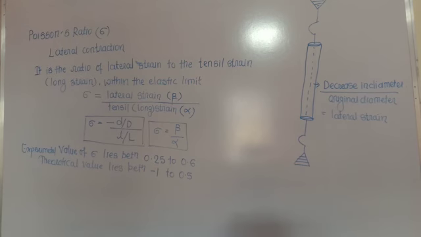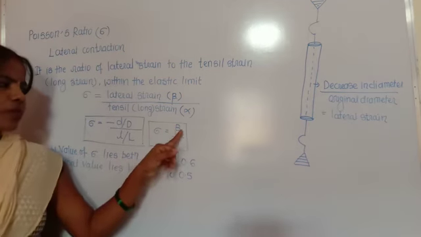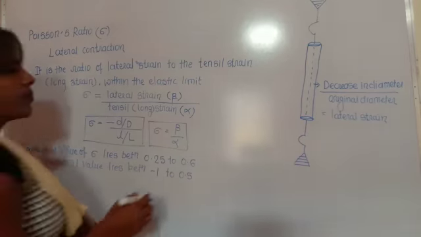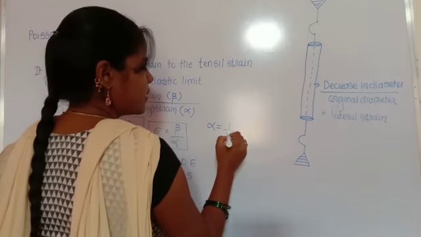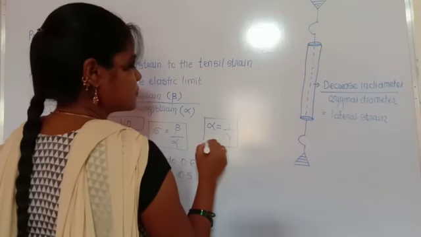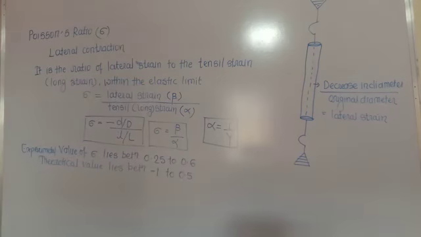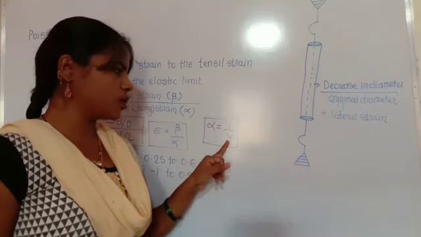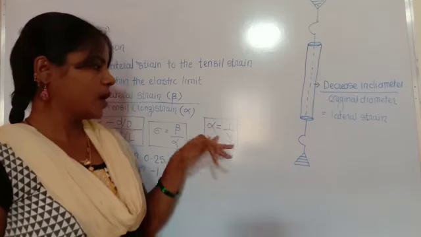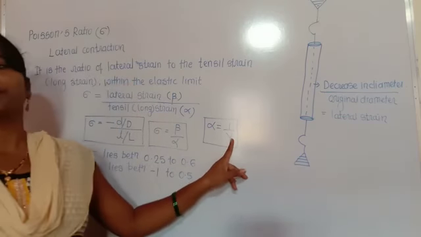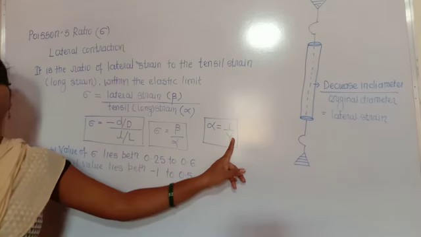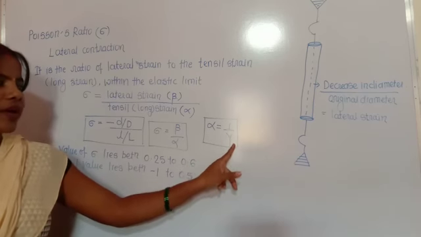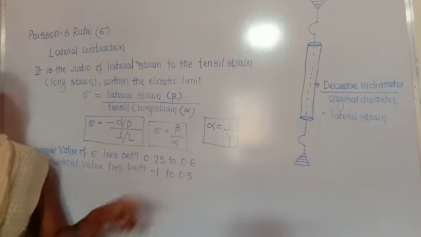The relations are sigma is equal to beta by alpha, and alpha is equal to 1 by Y, where Y is Young's modulus, meaning alpha is the reciprocal of Young's modulus, the longitudinal strain to the longitudinal stress.